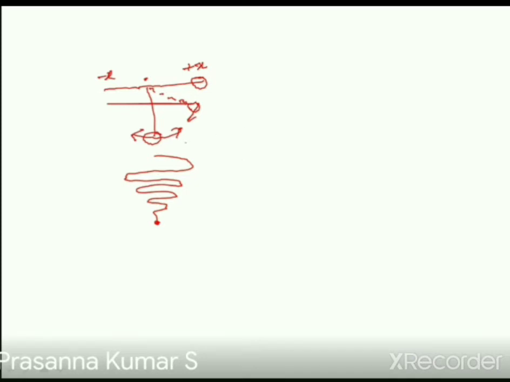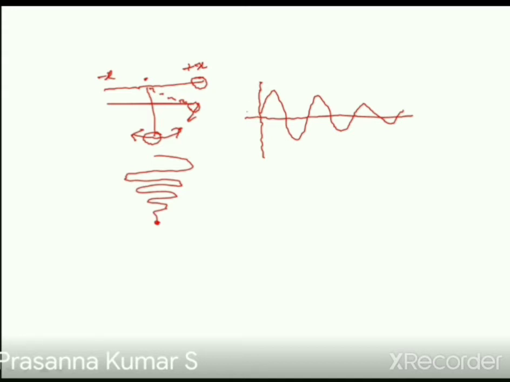So now I can draw this diagram in this way. I am drawing with decreased amplitude because over time the amplitude decreases. If the medium is free from any other resistive medium, it may go with the same amplitude.